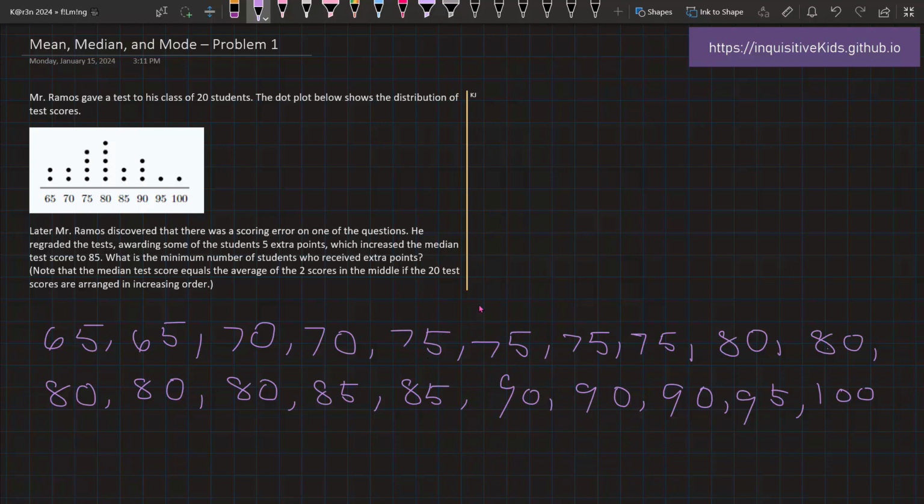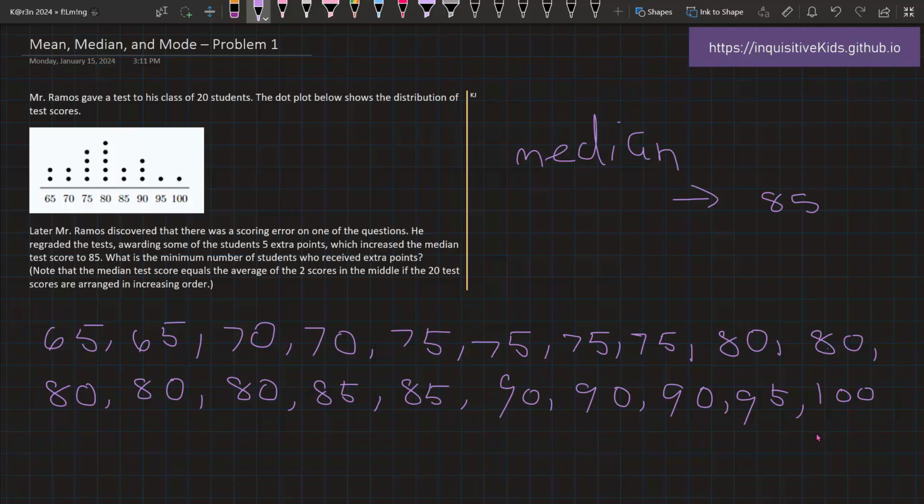So in here, what was the value that changed? Well, it said that after some students received 5 extra points, the median changed to 85. But what was the previous median? What was the original median before the change? Well, that's what we can find out.